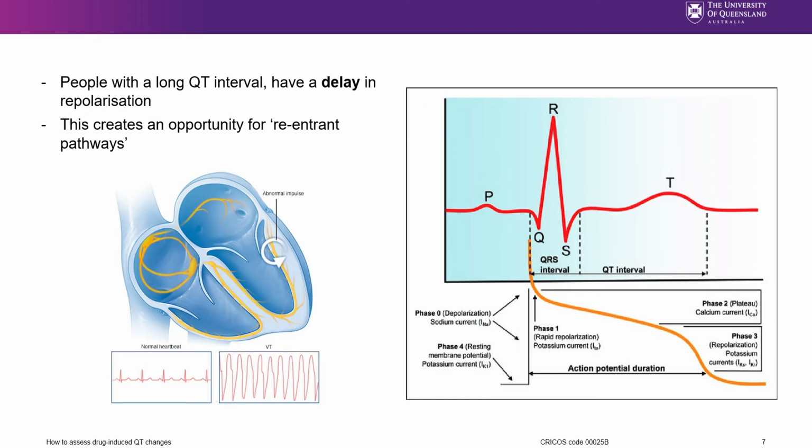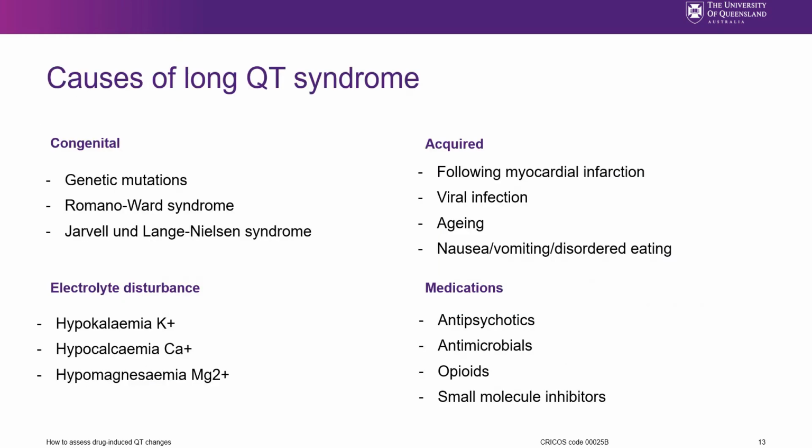These extra premature heartbeats will be represented as QRS complexes. So this circular electrical impulse in the cardiac cells of the ventricles is what causes the characteristic wave pattern of torsades de pointes.